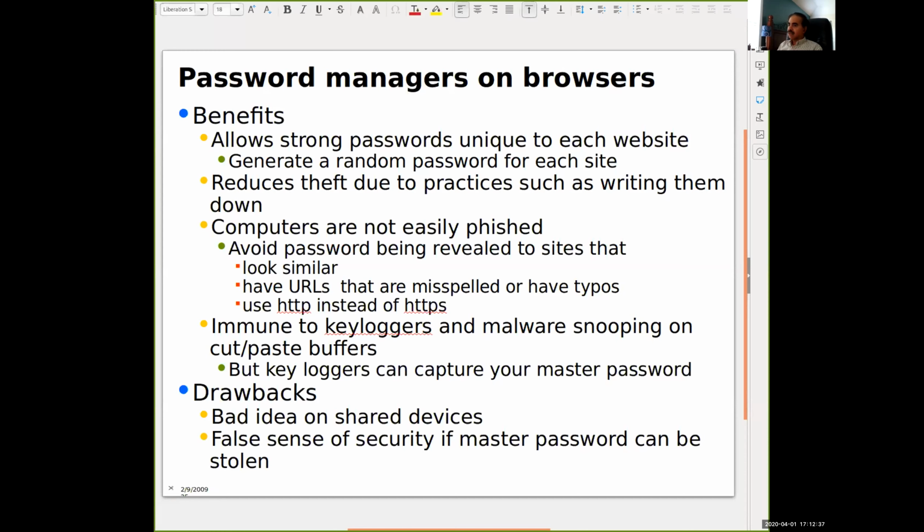The browser goes to connect to abcdbank.com, which could be a phishing website. When it comes up and asks you for a password, the browser has never seen abcdbank.com, so it's not in its password database, and it's not going to offer any options for you to fill in. It's not going to autofill any password for you.